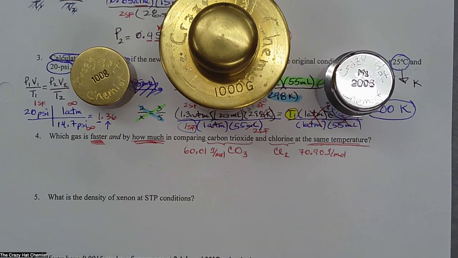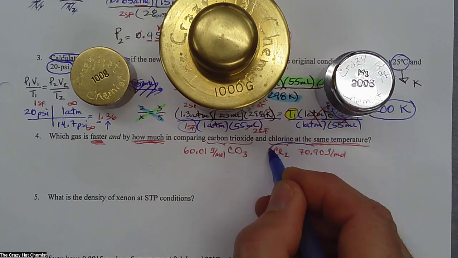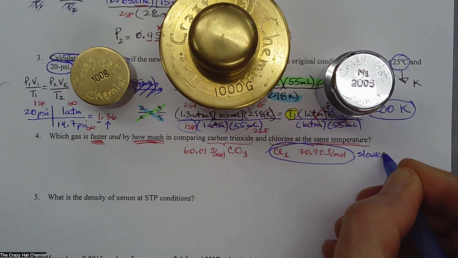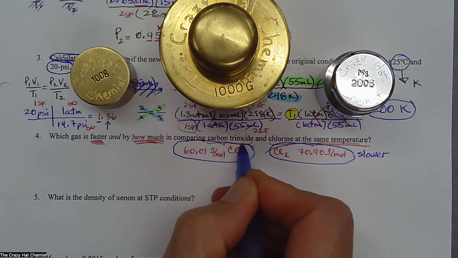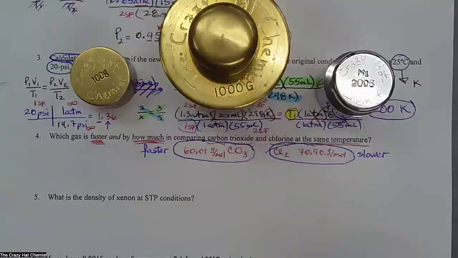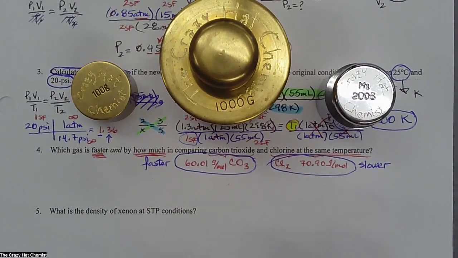Which one has the higher molar mass? This number has the higher molar mass. It's slower. Which one has the lower molar mass? This has the lower molar mass. It's faster. So the question is, why is the lower molar mass the faster one?